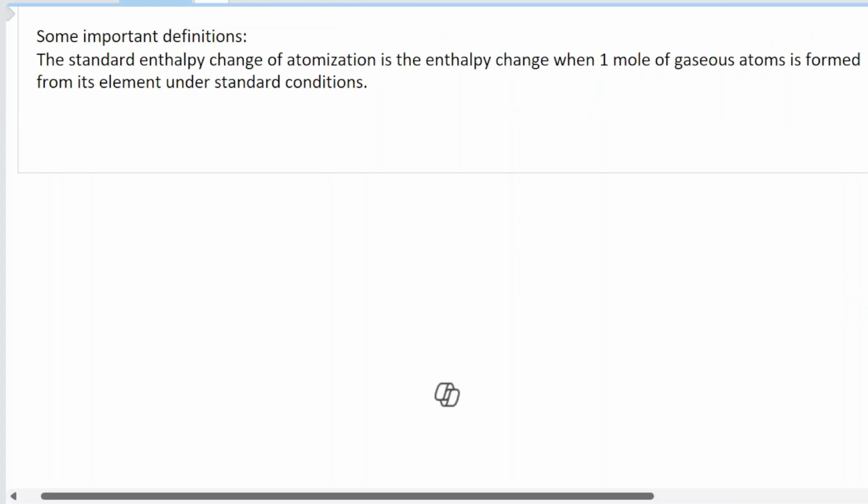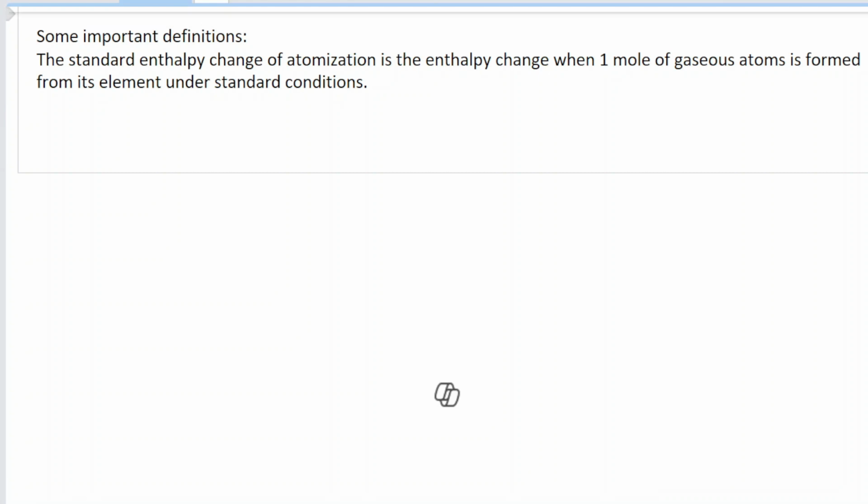Now, before we continue, we have to understand some important definitions. And the best way to understand this topic is to understand really what these enthalpy changes mean, so that when we actually go on to draw the Born-Haber cycles, it will be seamless and easier to work with. Right, so let's start with the meaning of the enthalpy change of atomization.